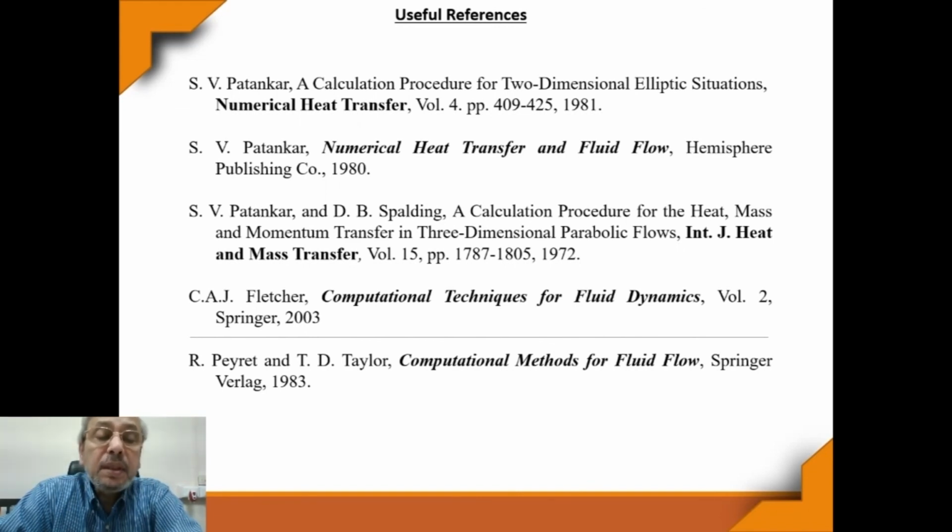The fourth one is a textbook, volume 2 of Computational Techniques for Fluid Dynamics by Professor Fletcher. And the fifth one is another book by Professor Roger Peyret and Ted Taylor. This is a Springer book, a very good book.